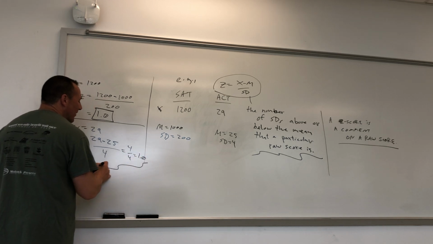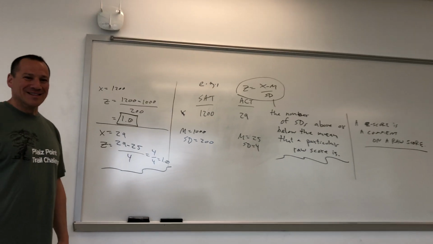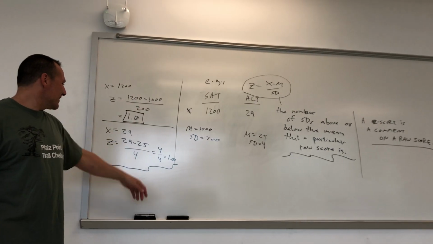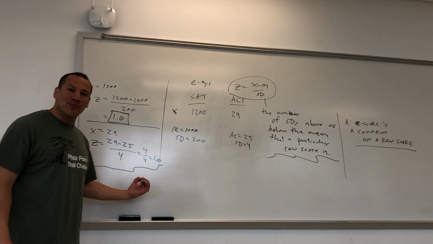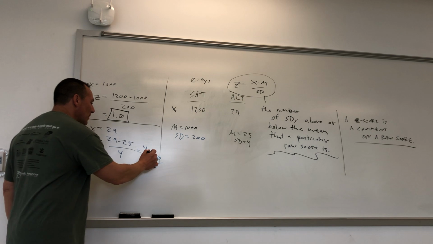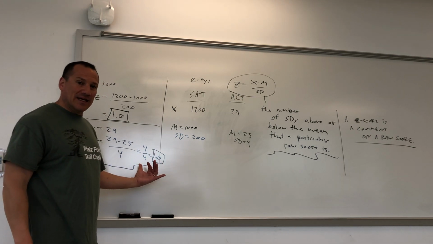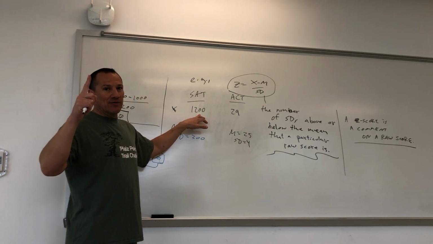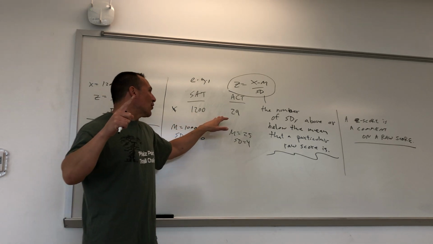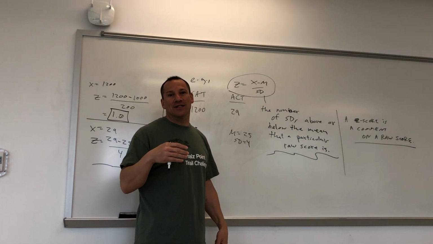Kids, by chance alone, it's the luck of the Irish, an amazing coincidence. Both of those raw scores, given the data that I gave you about the scales, correspond to a z-score of 1. So the raw score of 1200 is 1 standard deviation above the mean for the SAT scores. The raw score of 29 is 1 standard deviation above the mean for the ACT scores.